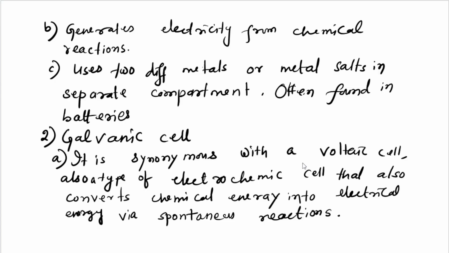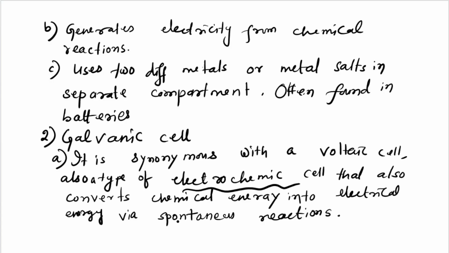That means you can say there is not any large difference between galvanic and voltaic cell. It is synonymous with a voltaic cell, also a type of electrochemical cell, also converting chemical energy to electrical energy in a spontaneous reaction.